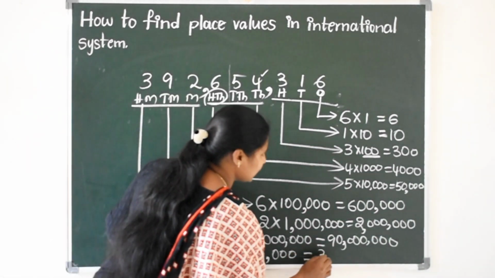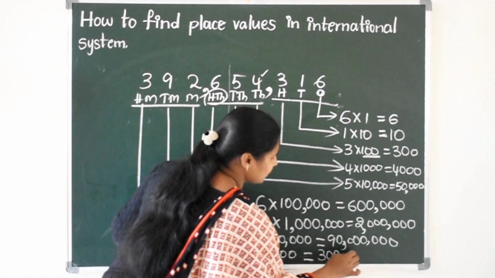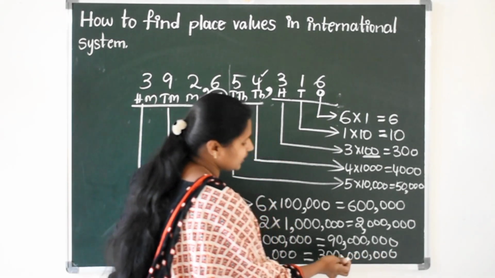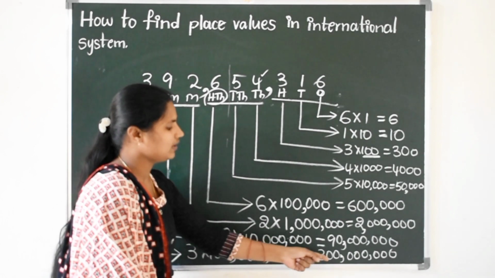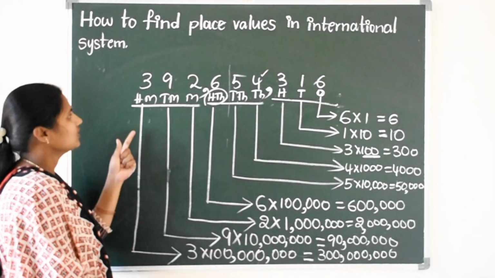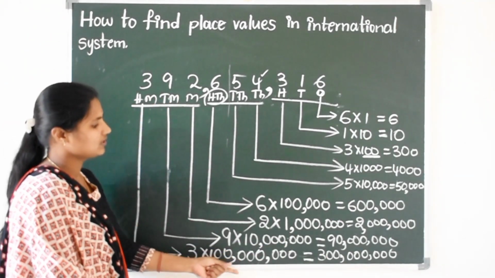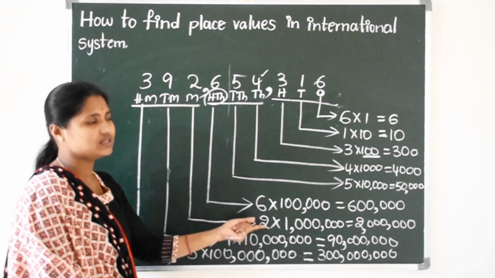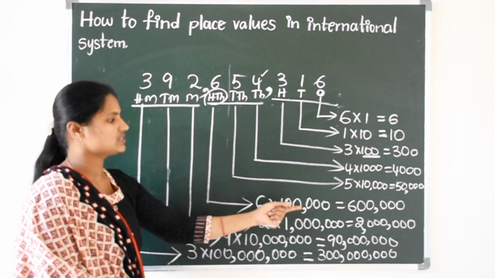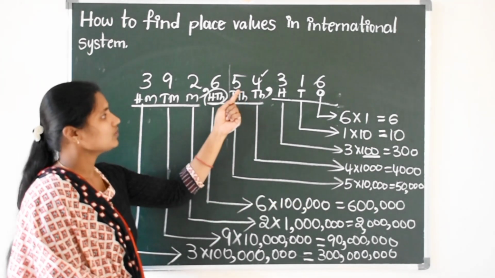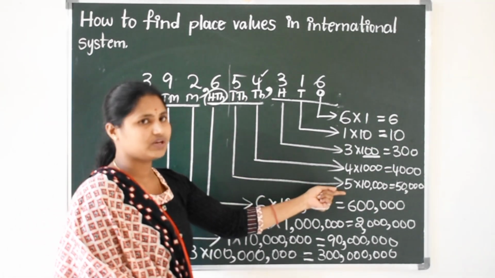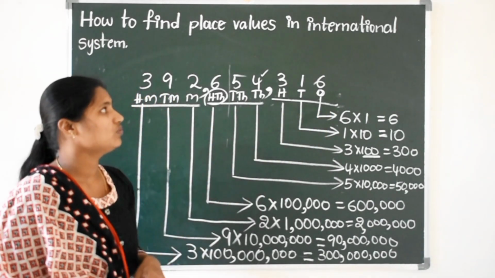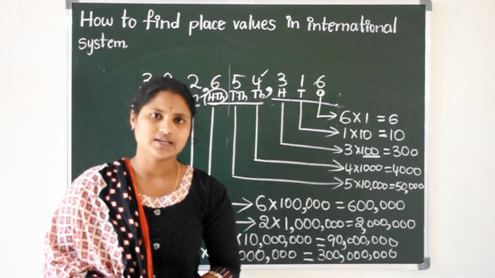So 300 millions, 90 millions, the place value of 2 is 2 millions, the place value of 6 is 600,000, the place value of 5 is 50,000, and we know all this, right? So this is the way to find the place values in the international system.